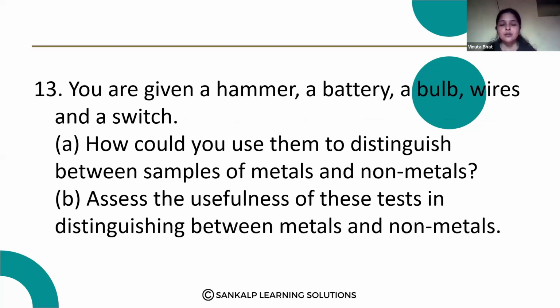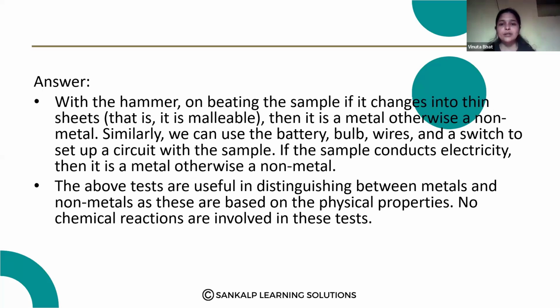Next question. You are given a hammer, a battery, a bulb, wires and a switch. How could you use them to distinguish between samples of metals and non-metals? Assess the usefulness of these tests. Here, on beating the sample with the hammer, if it changes into thin sheets, then it is a metal, otherwise a non-metal.